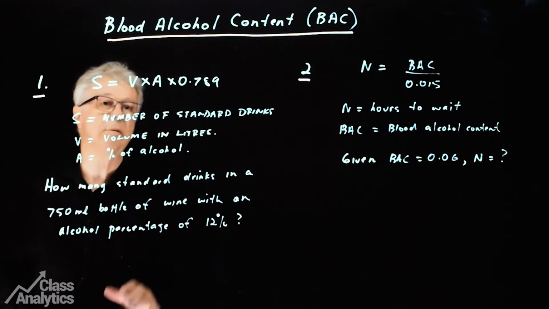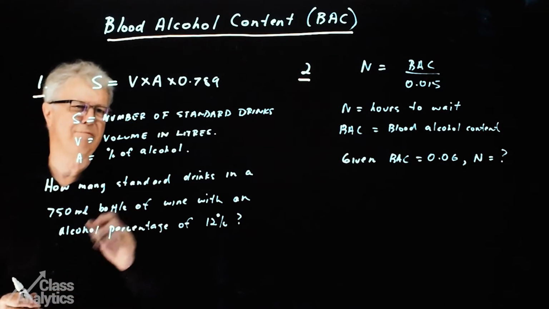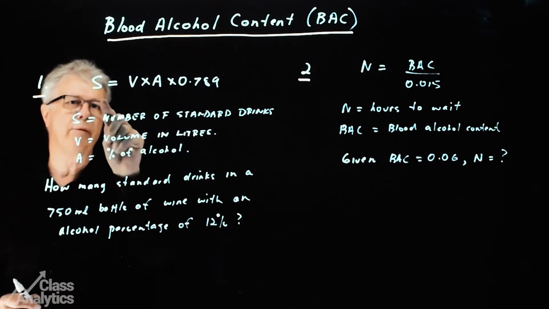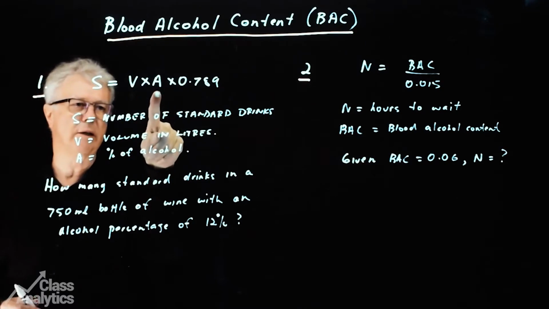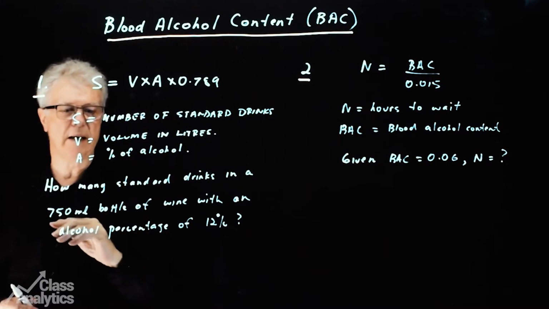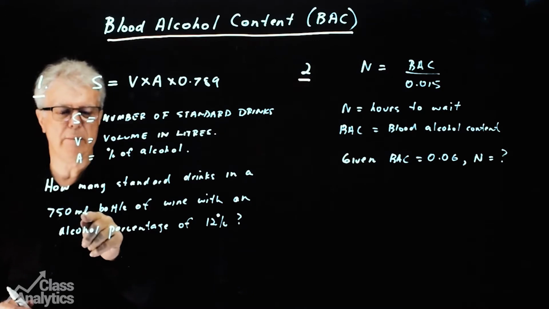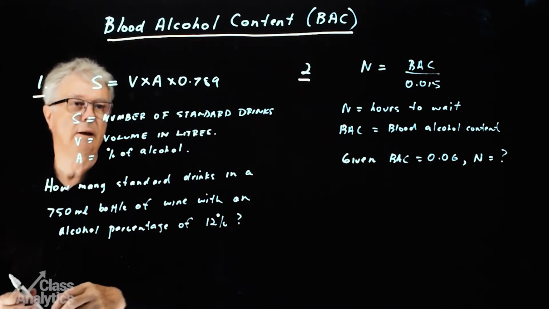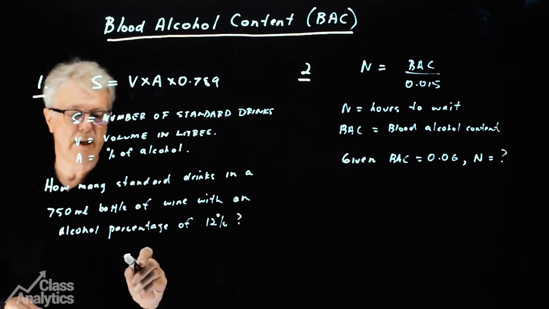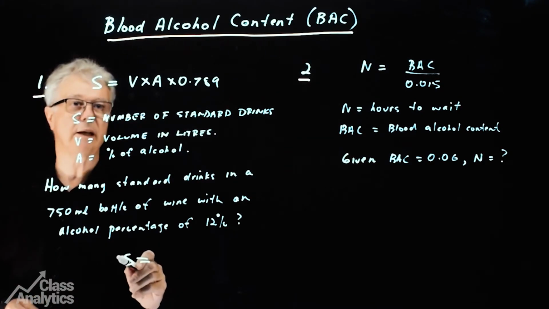All right, these are quite simple little formulas, but very, very important ones. Here we have the formula for working out the number of standard drinks, given the volume in litres and the alcohol content. So, for example, how many standard drinks in a 750ml bottle of wine with an alcohol percentage of 12%? Well, S equals the volume.